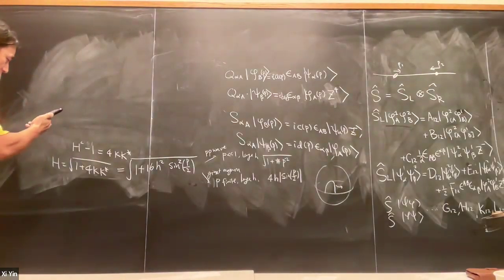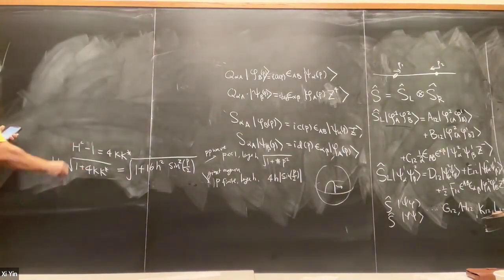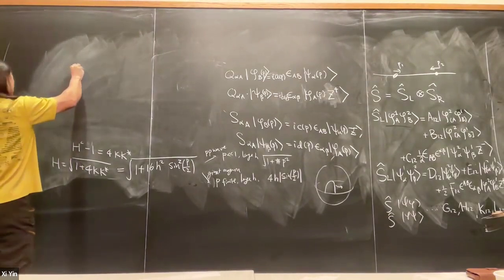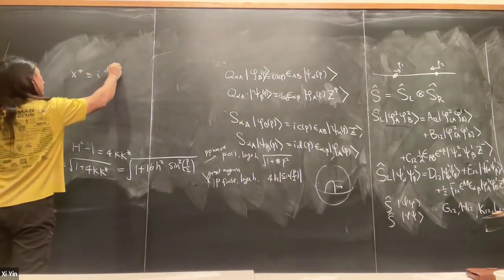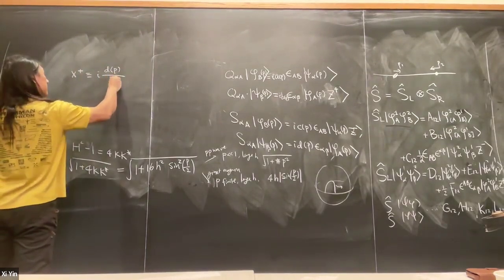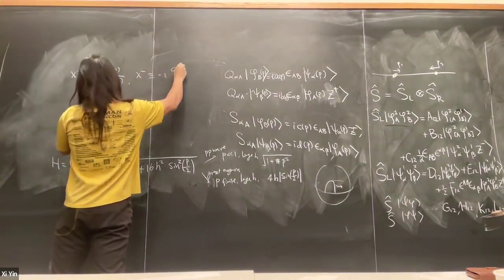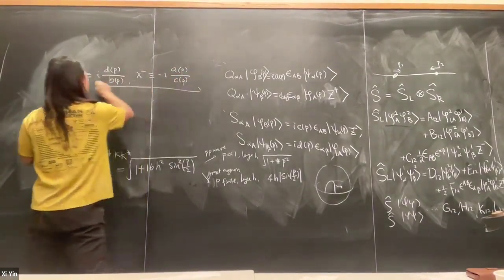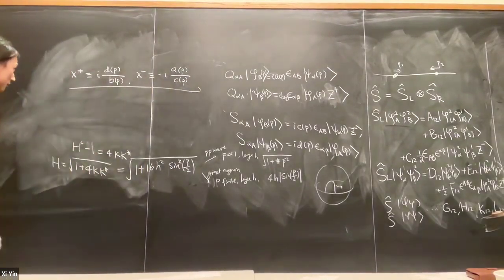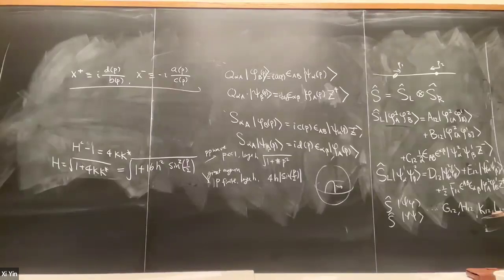So let me define the following quantities. I just erased A, B, C, D, but I'm going to use them. We're going to define X plus to be i times VP over BP, and X minus defined to be minus i AP over CP. Now you don't have to remember this definition. You just need to know that X plus and X minus are some functions of P that will be fixed.